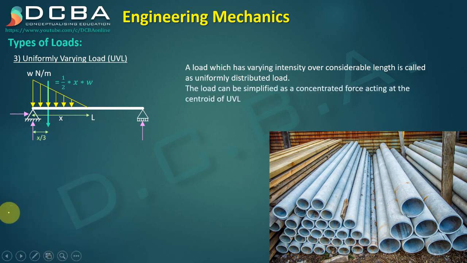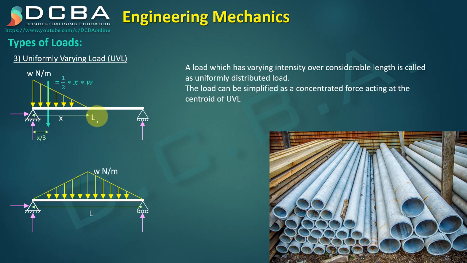Same way, if I have a UVL of this kind, a UVL like this. Now if you have studied centroids before, the centroid of a symmetrical structure will always act on its axis of symmetry. First of all, what is a symmetrical structure?